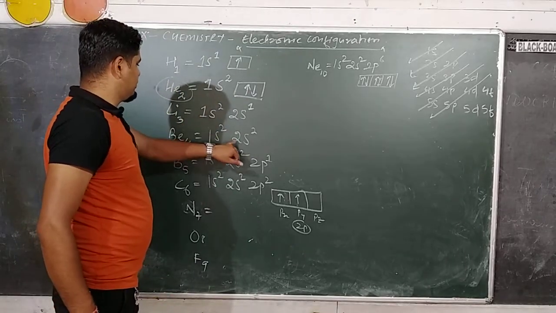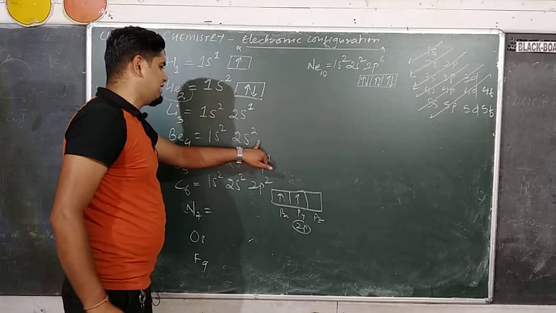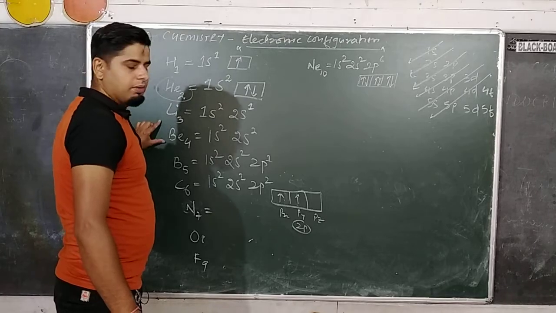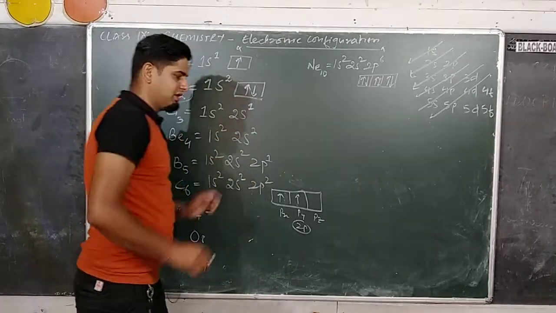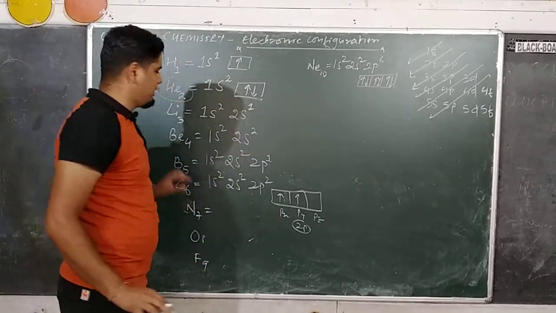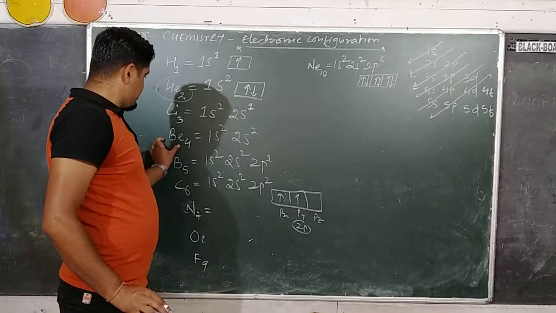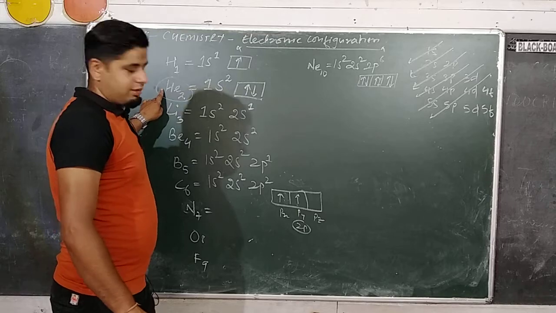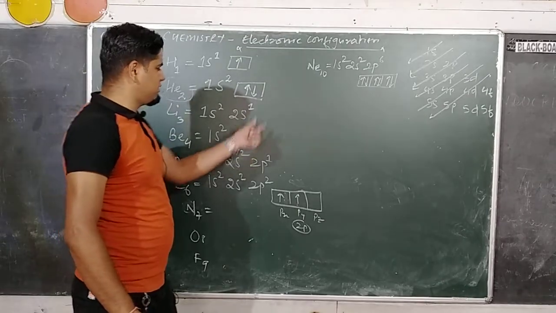Here 2s is filled but 2p is still there, that is why it is not stable, because the 2p orbital remains unfilled. That is why you cannot consider beryllium as an inert gas. Why? Because 2p is still there.